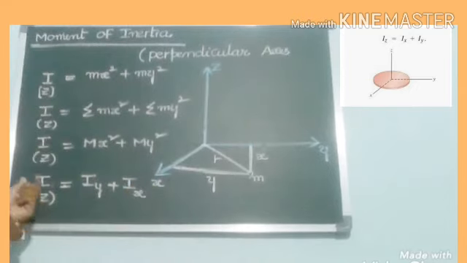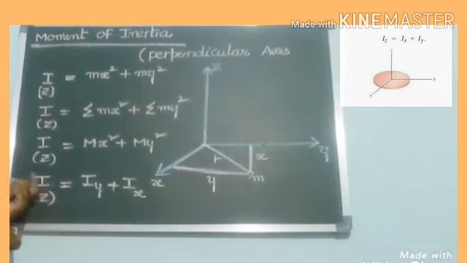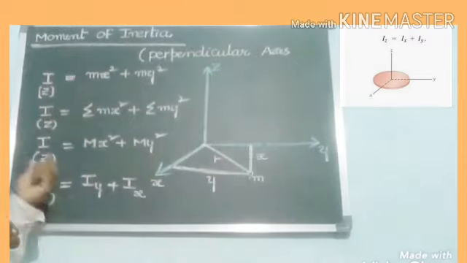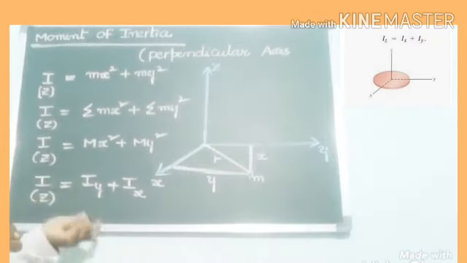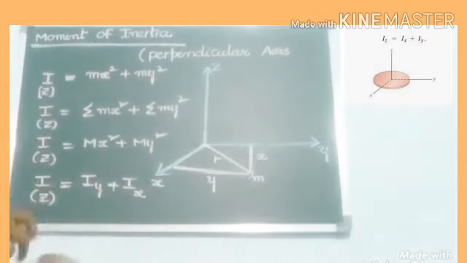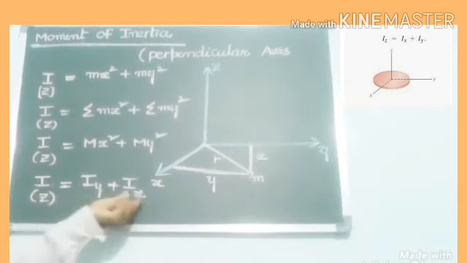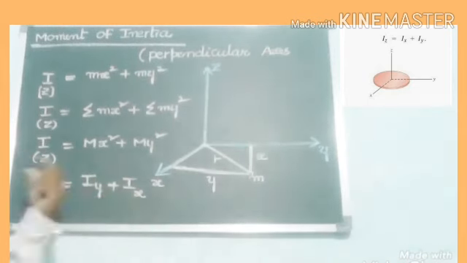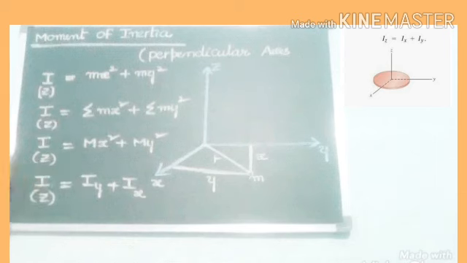So finally what can you write? Moment of inertia with respect to z-axis equals the sum of moments of inertia about two axes which are perpendicular to each other. One is the x-axis, the other one is the y-axis. This is the perpendicular axis theorem in the part of moment of inertia.